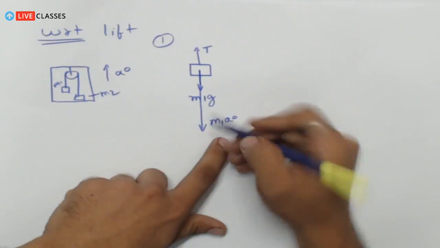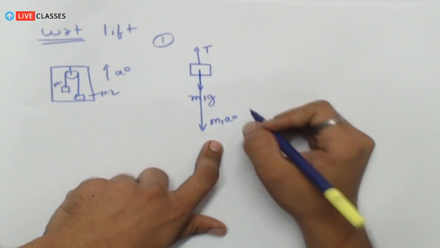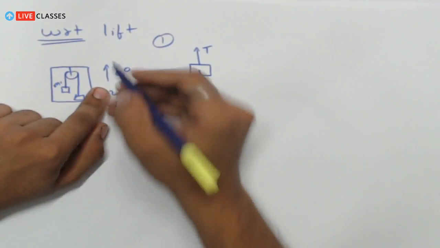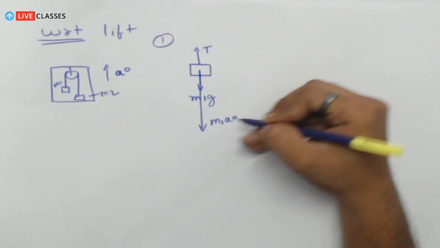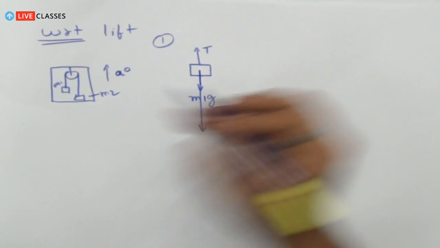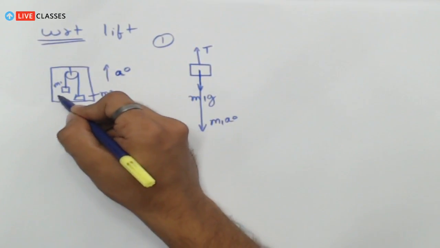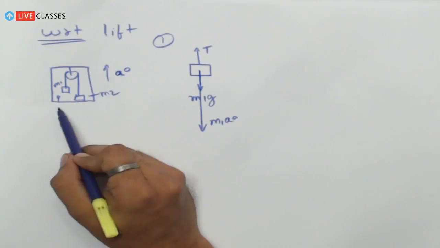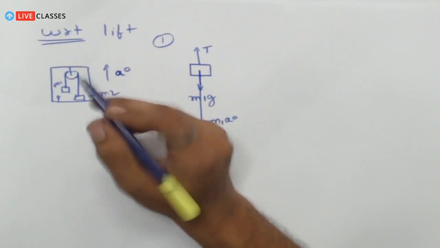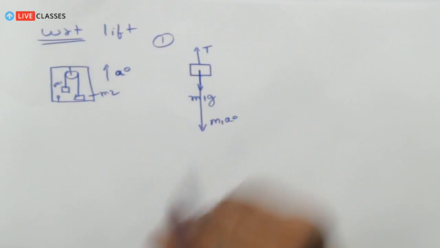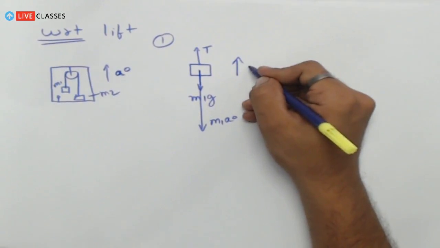Why is it acting downwards? Because I have said pseudo force is mass times the negative of the acceleration of your reference frame. This is not alpha, this is A0. So the negative of A0 is minus, this side, A0, that's why it's happening. One more thing: right now we are observing with respect to the lift. So the man is over here, right? And suppose M1 is moving upwards and M2 is moving downwards. So he will see it has an acceleration of some A upwards.